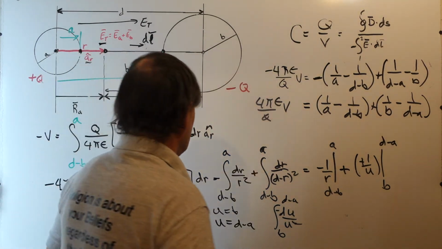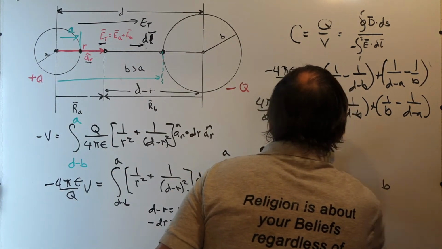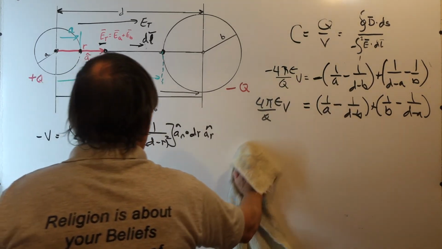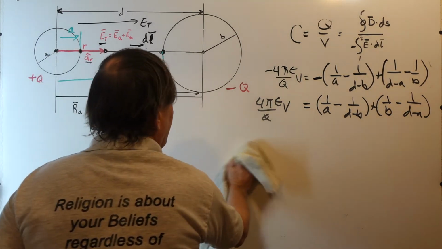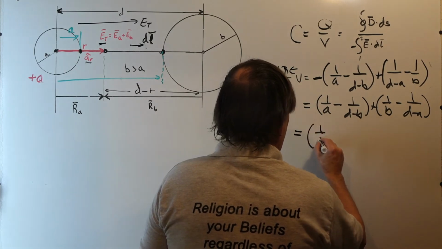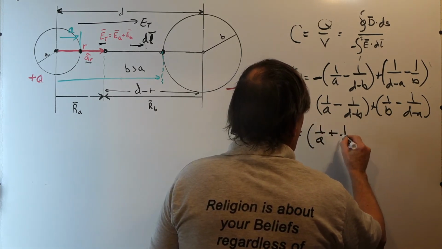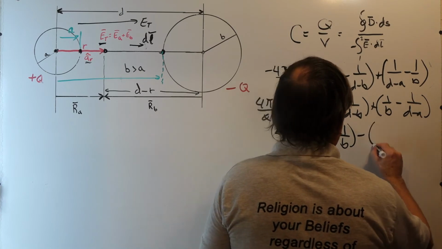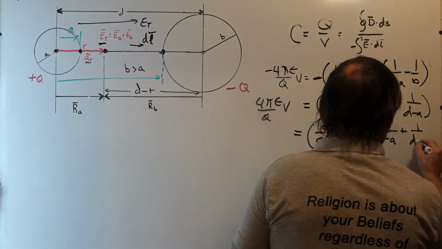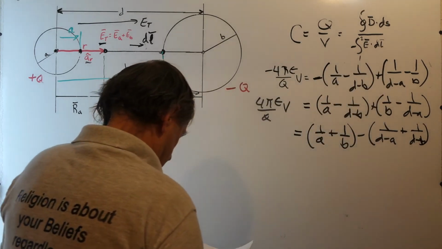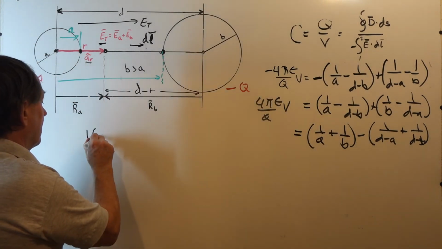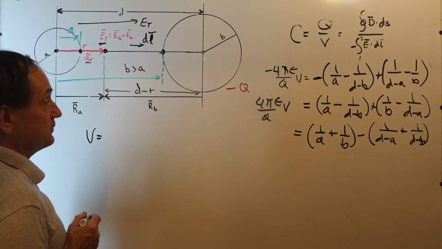So combining like terms in such a way to reveal a little more information here, I'm going to collect and write it as 1 over A plus 1 over B minus 1 over D minus A plus 1 over D minus B. So now we have the expression for our potential difference between the two spheres.